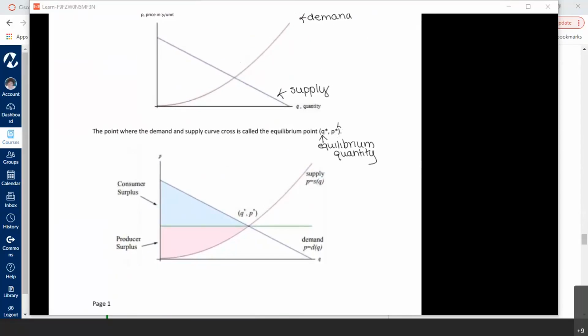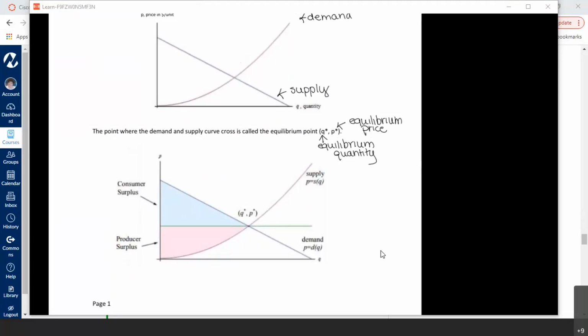And this is the equilibrium price. At that point, the supply and the demand balance out, the price stabilizes, and so does the supply of the product.